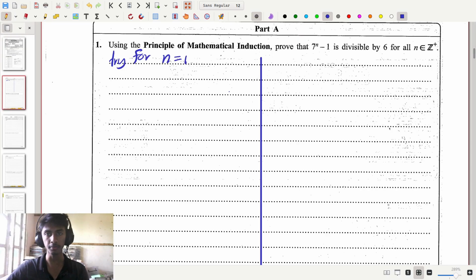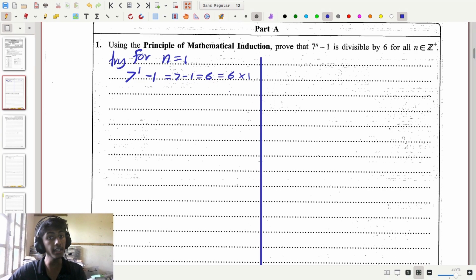So the first thing we're going to do is try n equals 1. For n equals 1, all we can do is substitute n equals 1 and see what we get. We get 7 to the power of 1, minus 1, which is 7 minus 1, which is 6. But I'm not going to stop here. To make sure it is clearly visible that 7^n minus 1 is divisible by 6, I'm going to write this as 6 times 1.